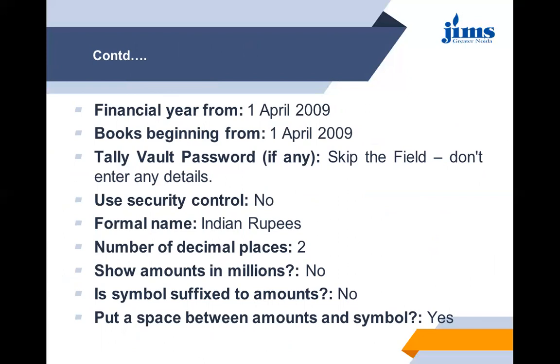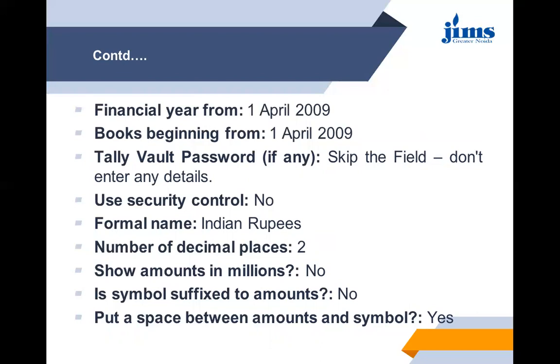If you want to secure that information; if you are performing this just for a demo or learning purpose, then you can skip this field. But if you are using Tally for the organization, working on the transactions of the firm, then you need to put in the Tally Vault password details.